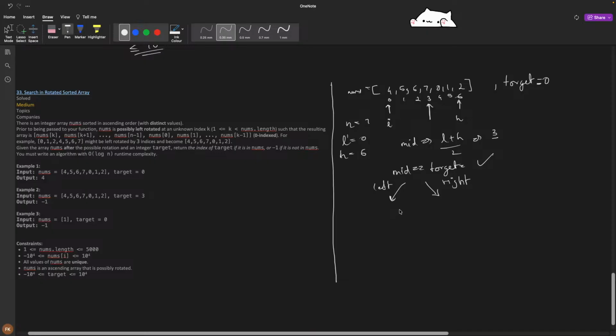Here in this case, on our left side, the value at the left index is 4 and the value at the mid index is 7. Your left is less than the middle element.